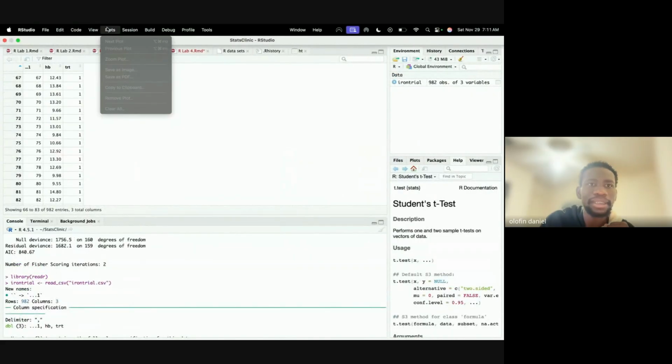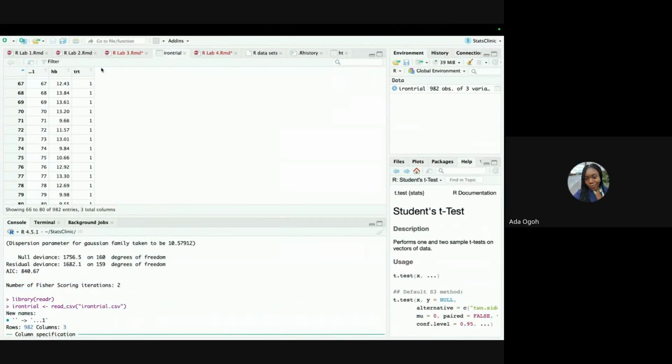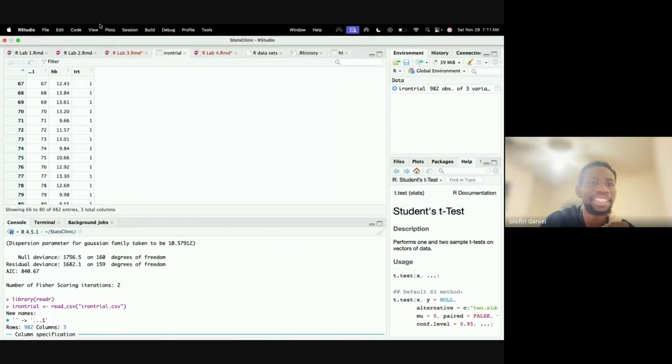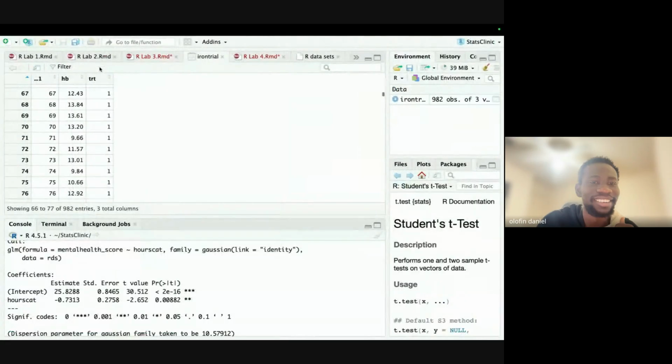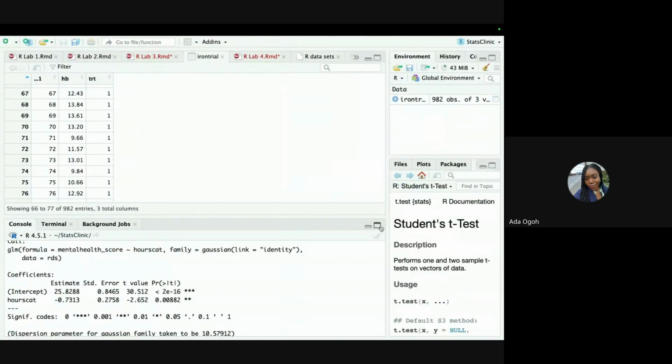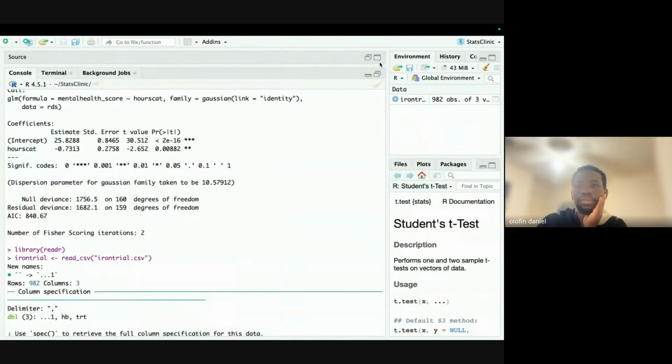So is this better? I think so. Yeah, I think it's manageable. Let me try to increase it more. Yeah, this is nice. Okay, thank you.